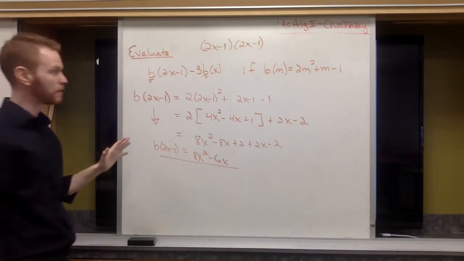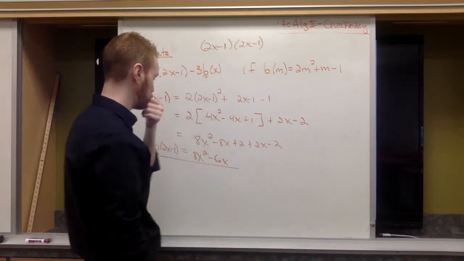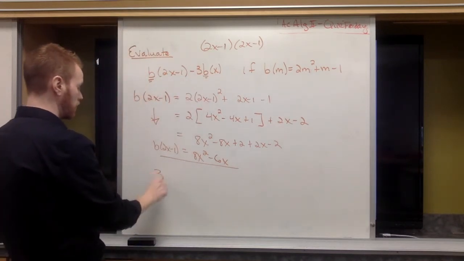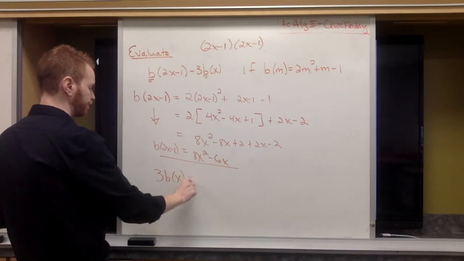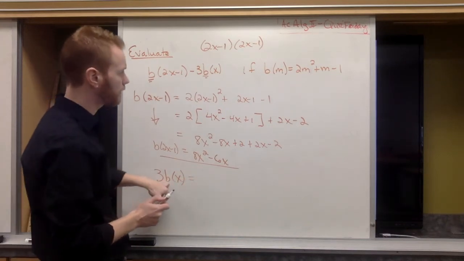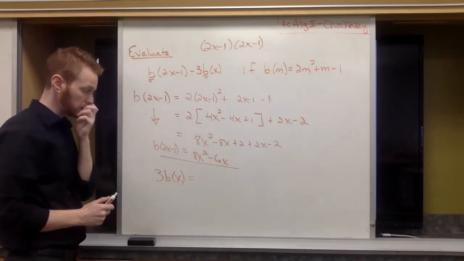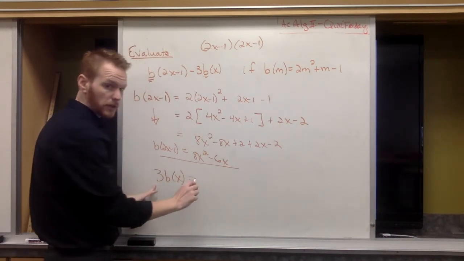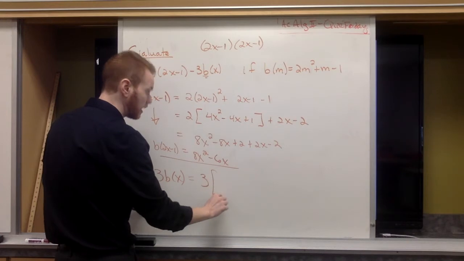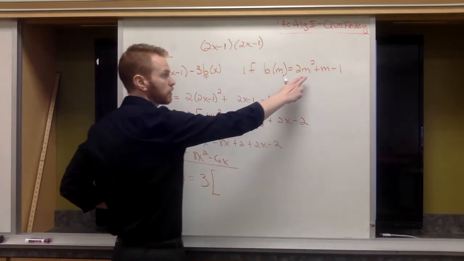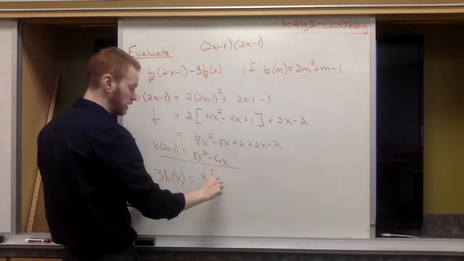I'm not done yet, right? I still have to figure out this part. So let's do that next. 3 times b of x. I'm going to go to my function b, and anywhere I see an m, I'm going to replace it with an x. But I want to do 3 times what I get. So 3 times... Now notice, if I just replace the variable, I'm just getting the same equation.